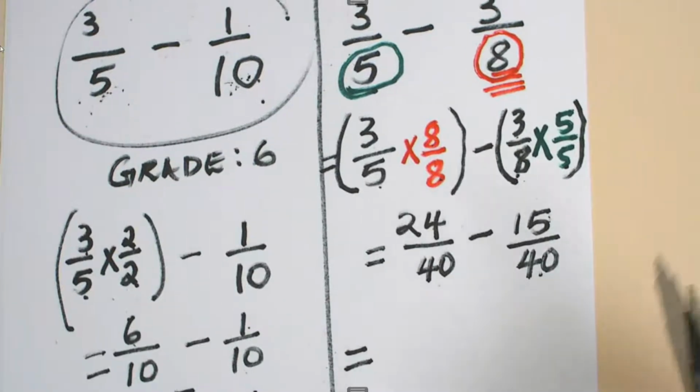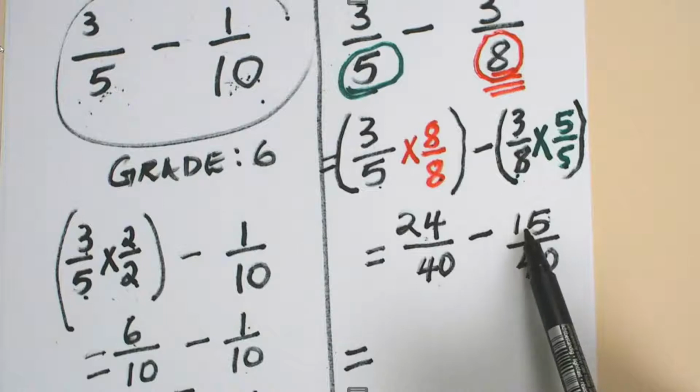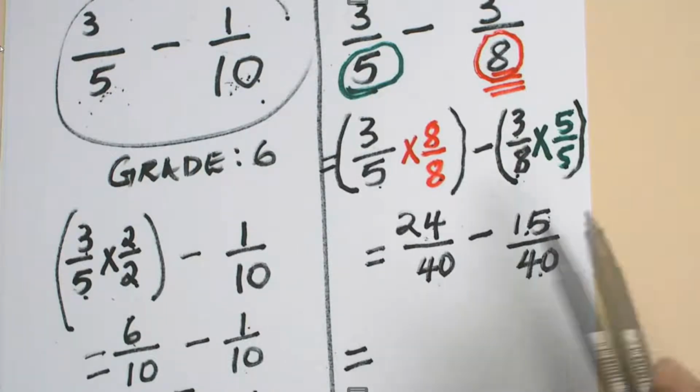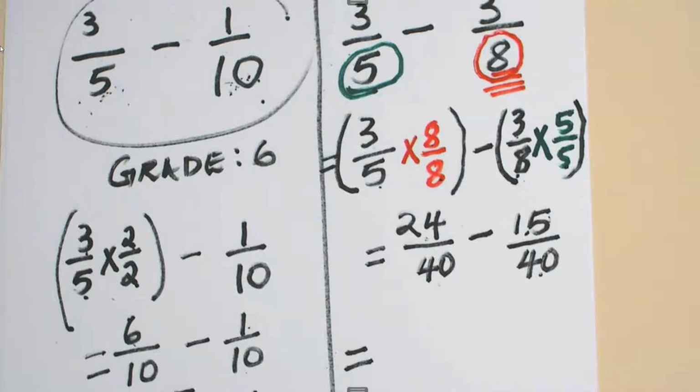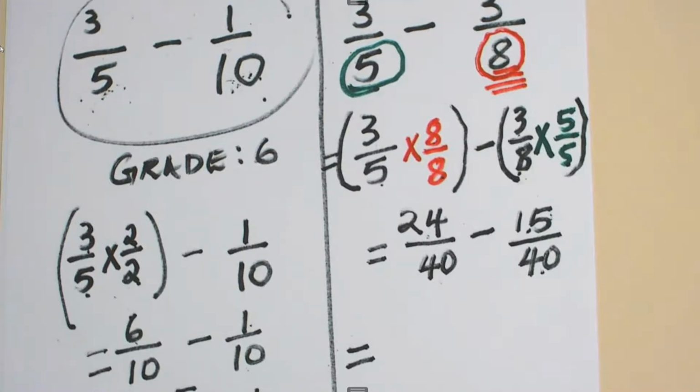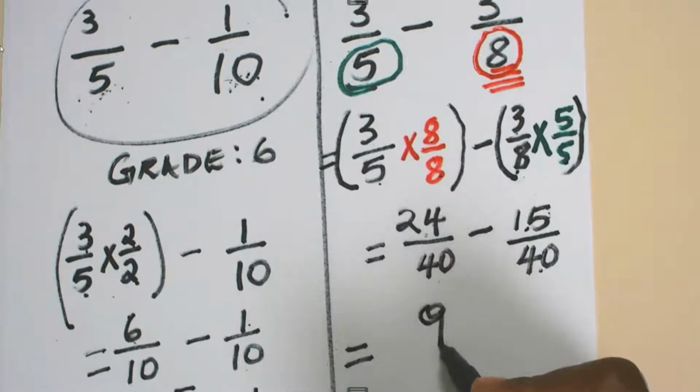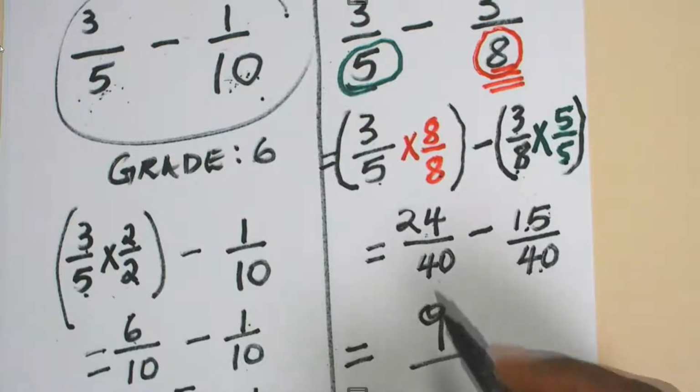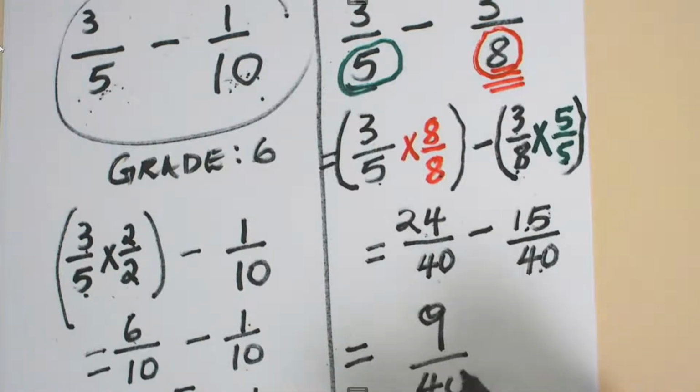So we'll start 24 minus 15. This leaves us with 9 out of 40.